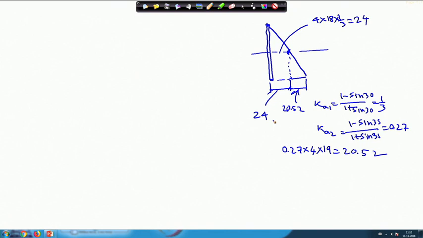So, I can now think of a diagram. This will be one triangle, this will be one rectangle, that is 2, and this is again another triangle 3. So, I can find out now P 1 will be equal to half multiplied by 4 multiplied by 24.